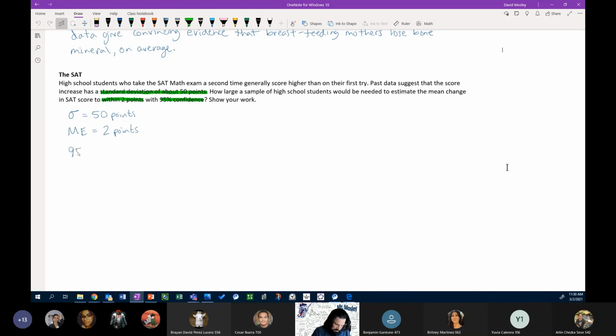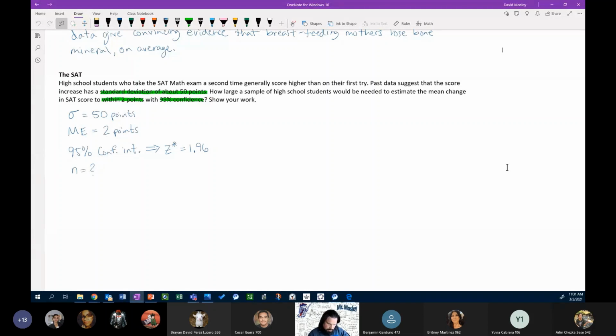We have a 95% confidence interval, which implies a z-star that we will use of 1.96. And that's again from table A. And so we're trying to find n.